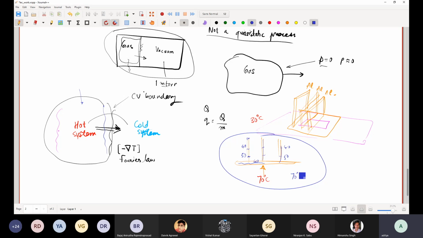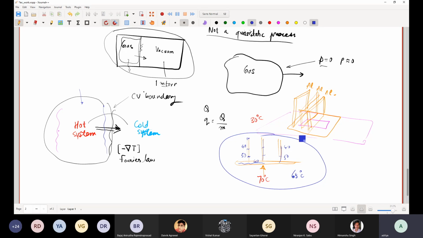So it may not be 70, maybe the average temperature is 65 degrees Celsius. So we will deal with such kinds of average quantities. We will not consider the microscopic distribution of temperature inside the systems unless otherwise specified. Okay, all right.